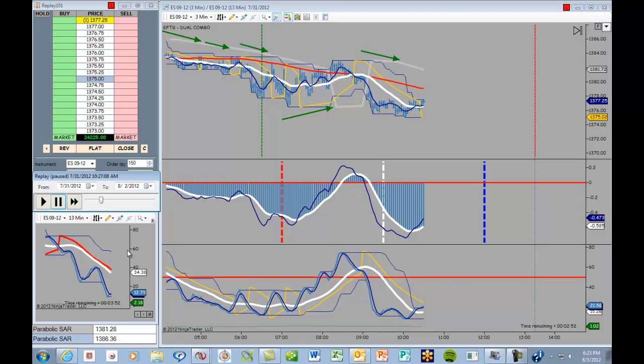Alright, we've got a little upward curvature here on the 13-minute. Blue has crossed white, blue has crossed white, blue has crossed white. Let's get long.